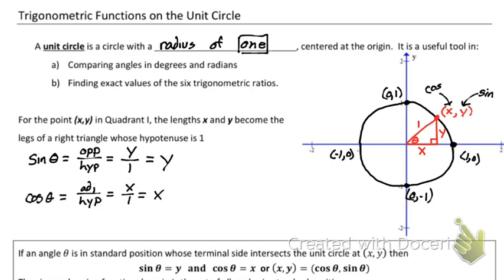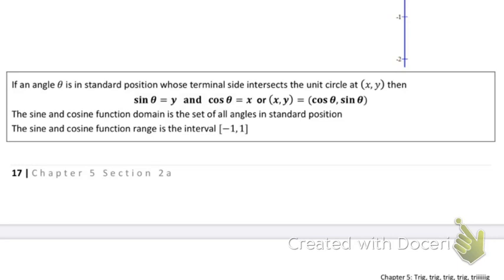The quicker you understand that, the easier this is going to be. All right, and down there is just exactly what I just said. Think of your x-y pairs as being cosine and sine pairs because they're equal to each other. Your x value equals your cosine of that angle, and your y value equals the sine of that value.